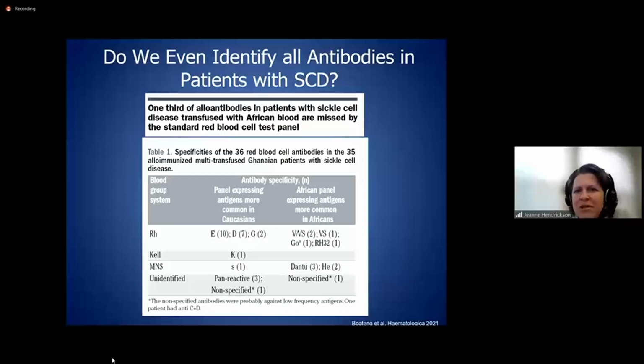So in this paper, she looked at the specificity of antibodies in individuals from Ghana. And when she used screening cells from Africans that were similar to the recipients in her study, she identified a third more antibodies. So I think there are antibodies that go undiscovered just given our screening cells and our screening panels.